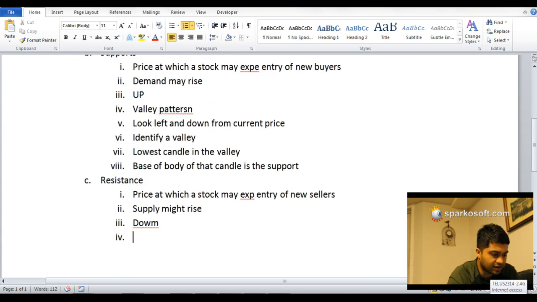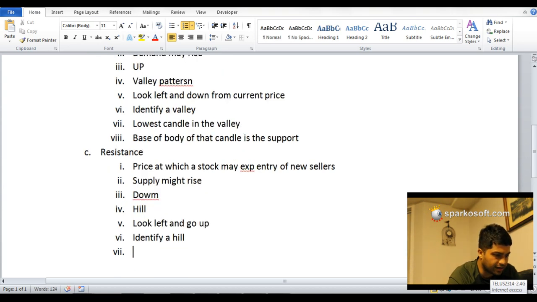How do I identify resistance? We look for hill patterns. So instead of valleys, look for hills. Look left and go up from the current price, and identify a hill.